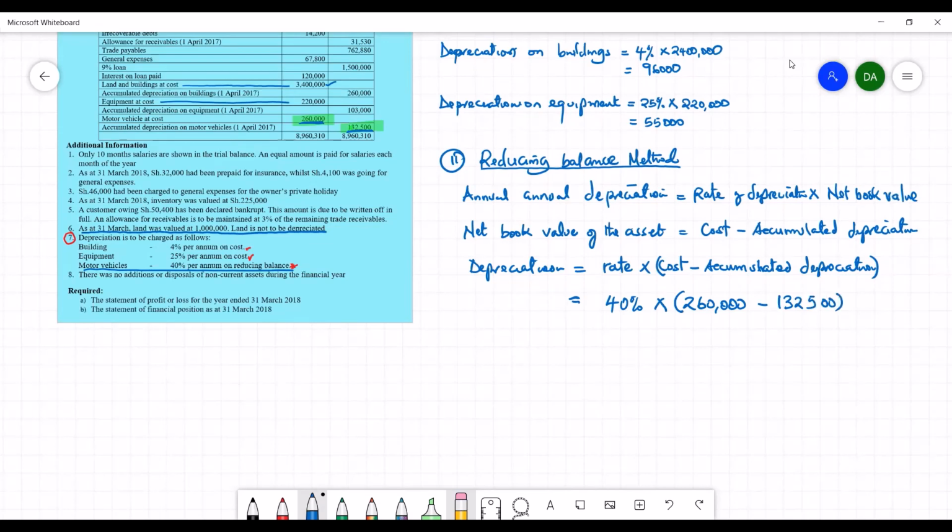Now we're going to have depreciation of 51,000. Depreciation is 51,000.